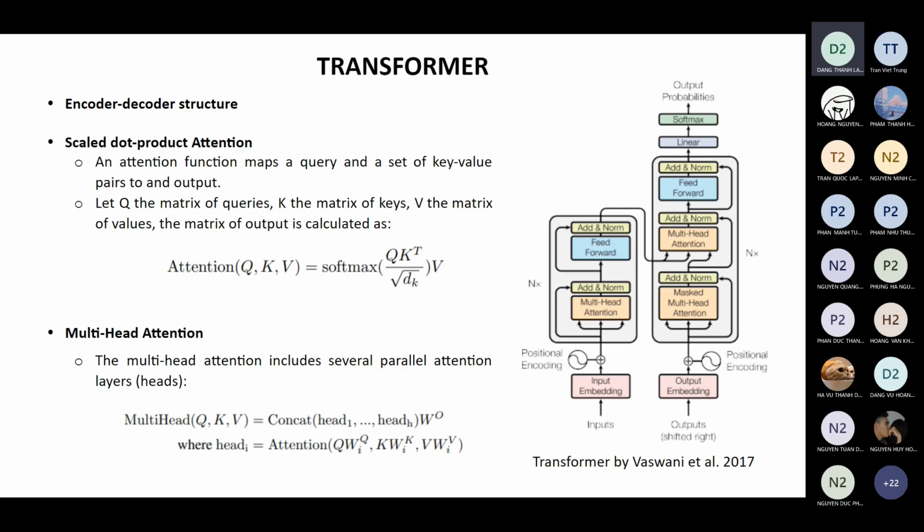One point we notice here is that the dot product of the query matrix and the key matrix is divided by the square root of the dimension of the key matrix, in order to avoid the vanishing gradient. The transformer uses the multi-head attention mechanism, which includes several parallel attention layers in one encoder or decoder. Next slide, please.